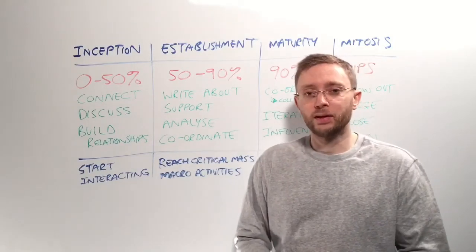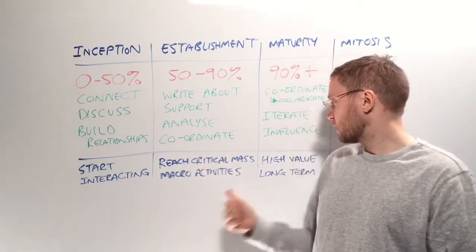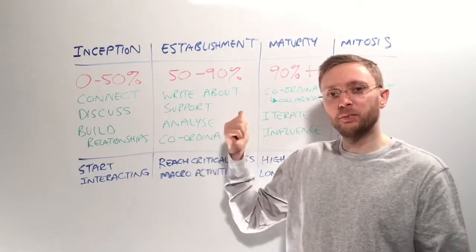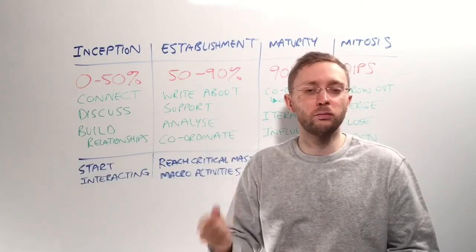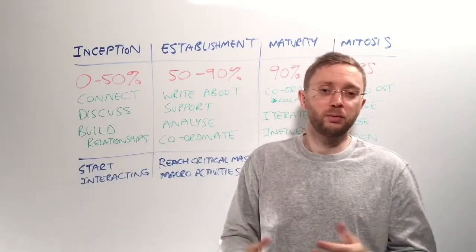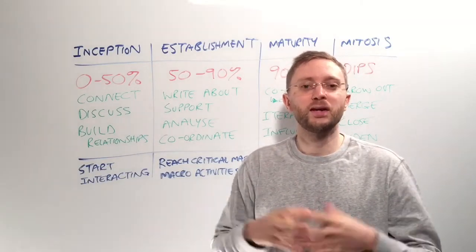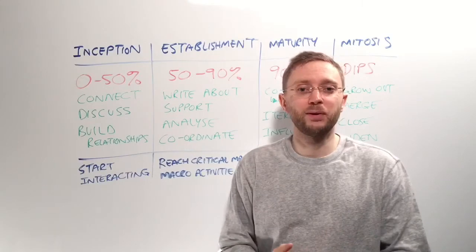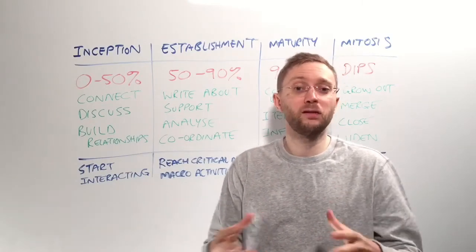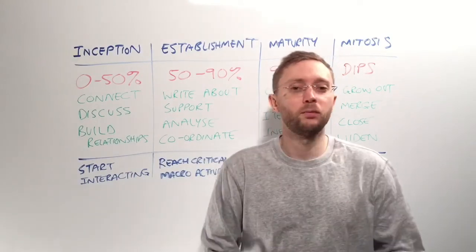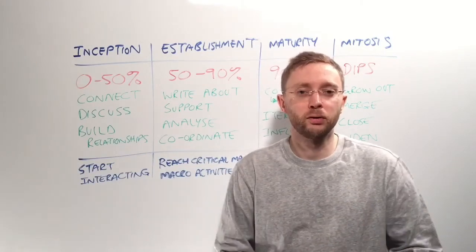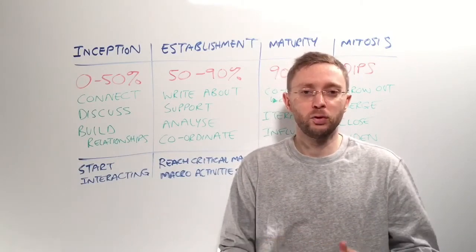And ultimately, you're looking at reaching this critical mass stage. So establishment is gaining what's called a critical mass, which from a community perspective is saying we've got enough people here such that the community is self-sustaining. Enough people are getting involved that you could, in theory, walk away from that community and it will continue on without you needing to community manage it.